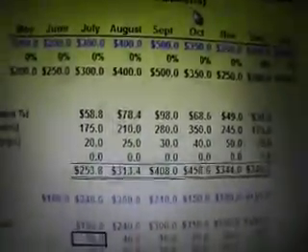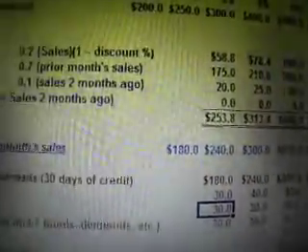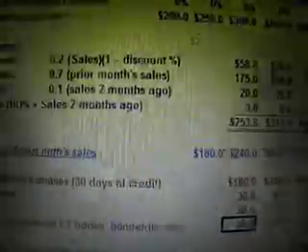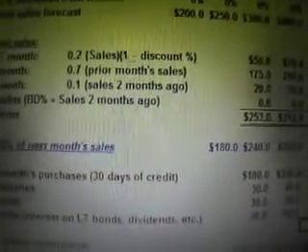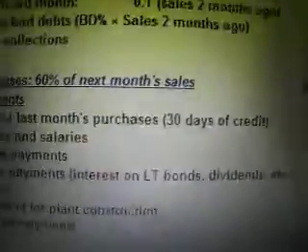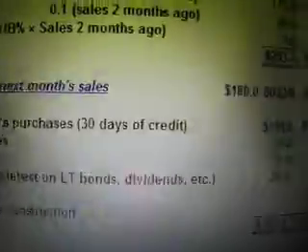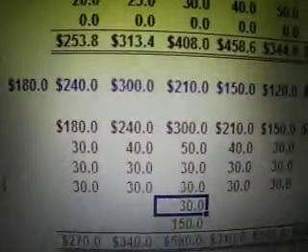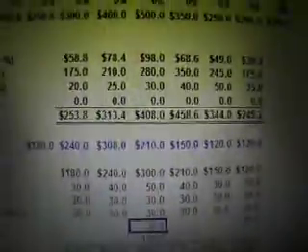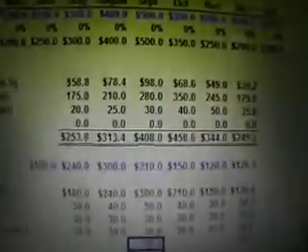Other expenses, payment of the wages and salaries, lease payments, other payments, payments for the interest, dividends and so on. Taxes, usually paid on a quarterly basis. So the taxes will be paid at the end of September, and then again the fourth quarter will be paid in December.